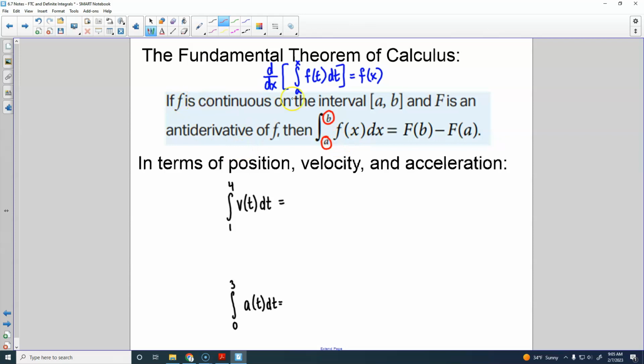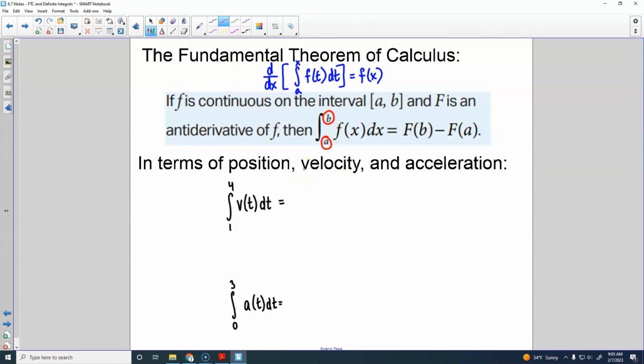If f is continuous on the interval from a to b, and capital F is the antiderivative of f, that means if we integrate that function using those rules we were learning, where we increase the exponent by 1 and divide by the new exponent, then lowercase f is the derivative of capital F. So F of b minus F of a is going to give us this value.